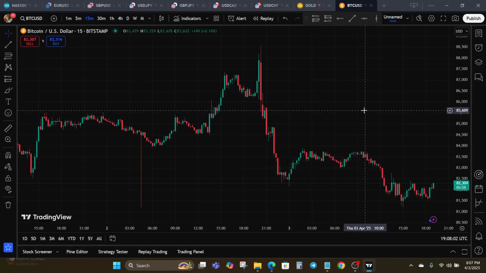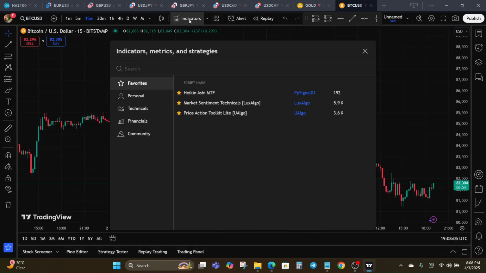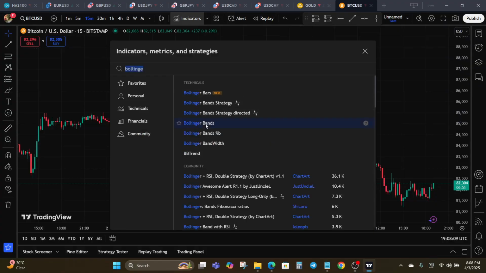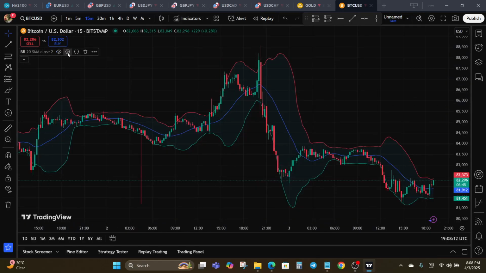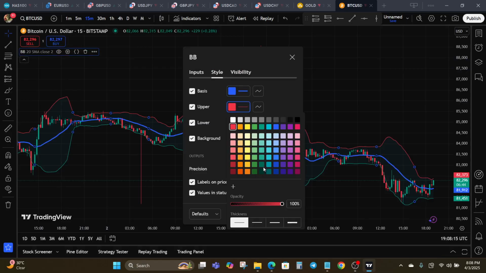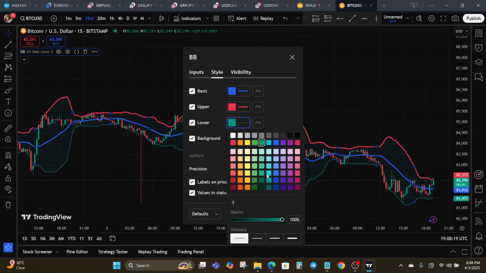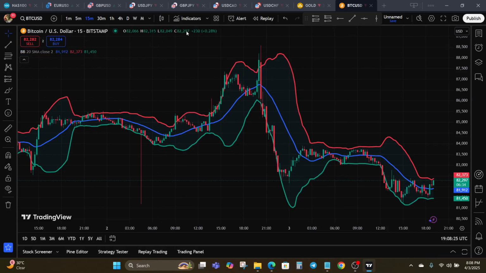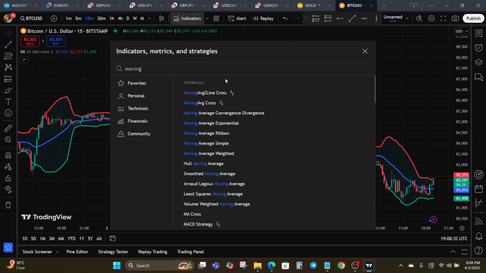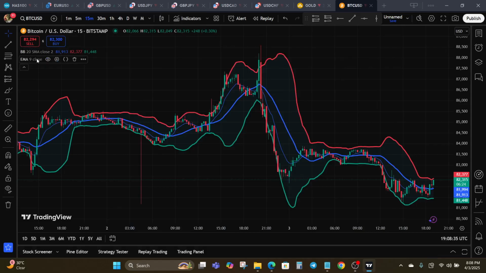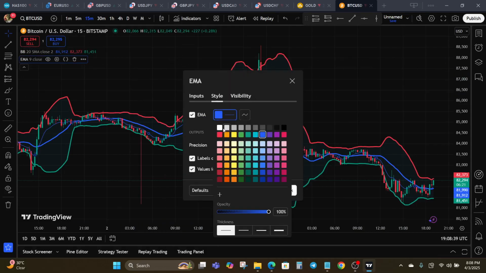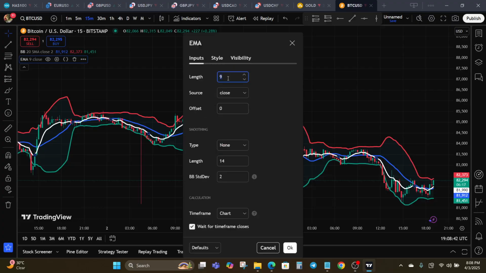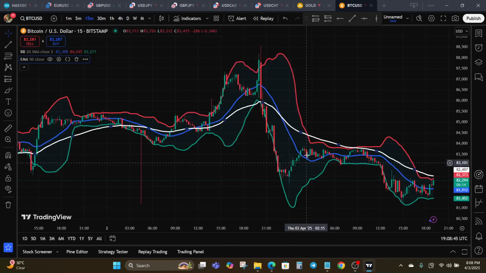This strategy combines two of the most effective indicators, the Bollinger Bands, which helps us measure market volatility and identify overbought and oversold conditions, and then the Exponential Moving Average, which helps us determine the trend direction and dynamic support and resistance levels.